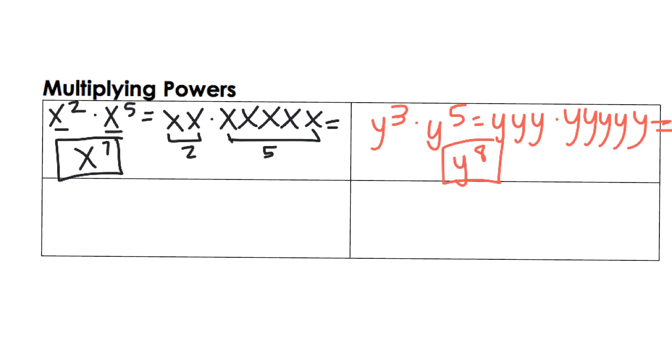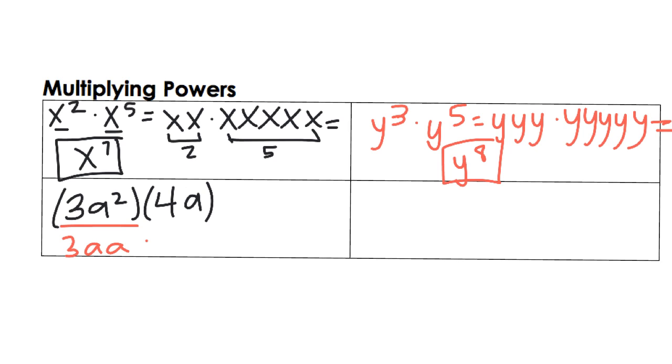Let's do one with a coefficient in front. So if I have, let's say I have 3a squared times 4a. I know 3a squared is 3 times a times a times 4a is just 4 times 1 factor of a.